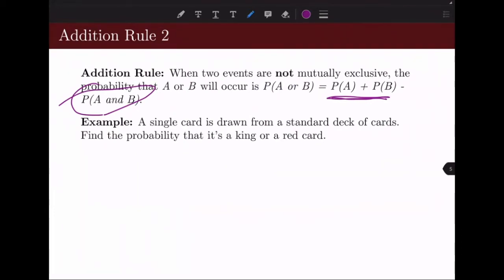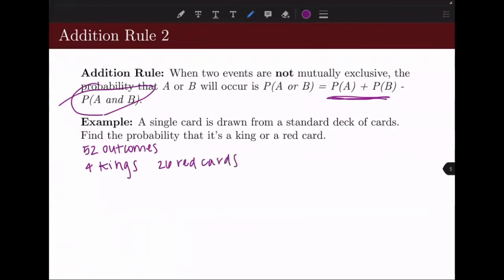First, remember that we have 52 total outcomes. We know that there are 4 kings in the deck, and we know that there are 26 red cards.